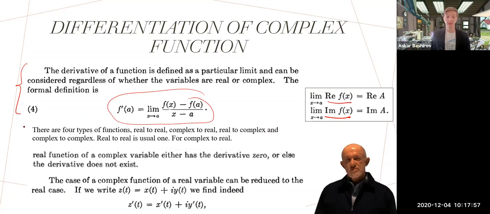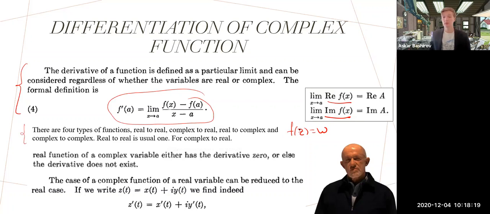There are 4 main types of functions that we define in complex analysis: real to real, complex to real, real to complex, and complex to complex. What does it mean when I say that? If you have a function w = f(z), then real to real means that the argument z is real and the result w is real.